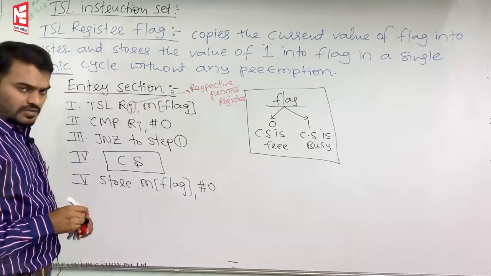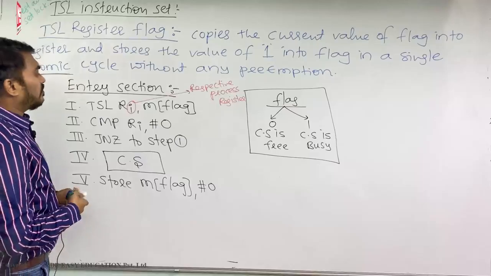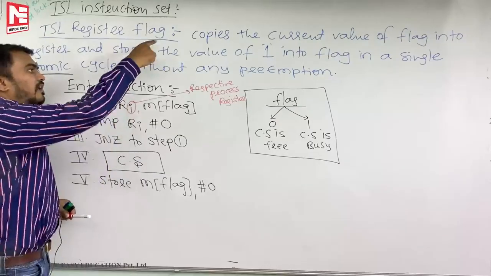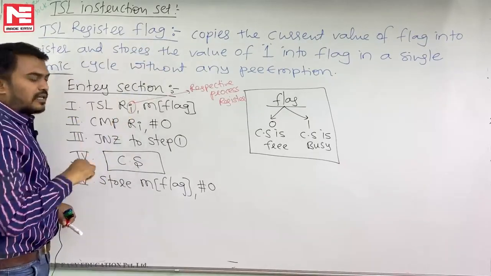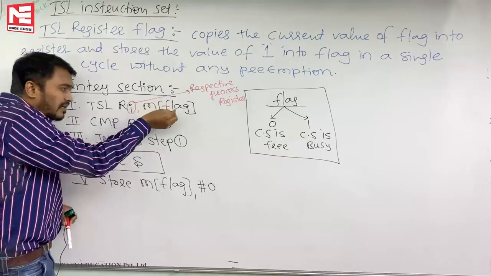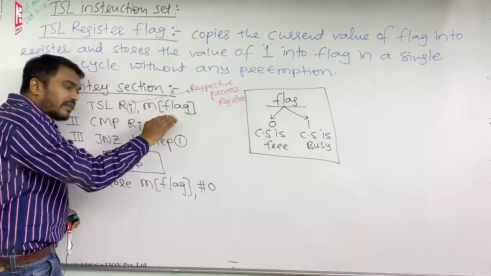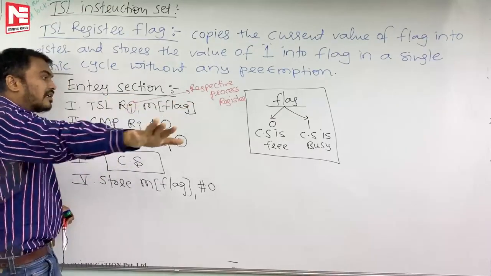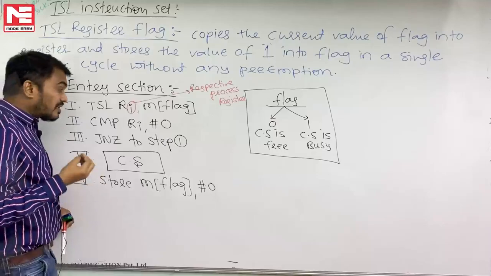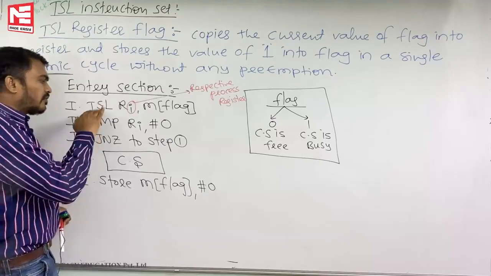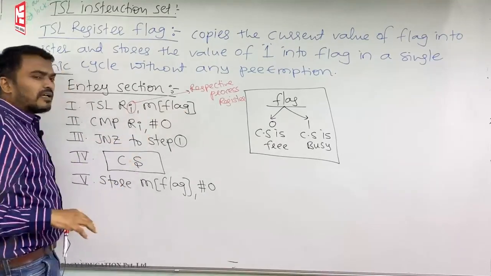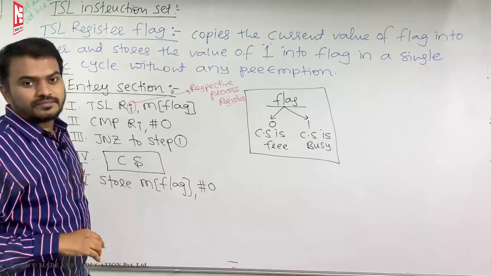What happens in the instruction TSL Ri, M of flag? Whatever I have written here, the same thing will happen. It copies the current value of the flag into the register and stores the value of 1 into the flag in a single atomic cycle without any preemption.